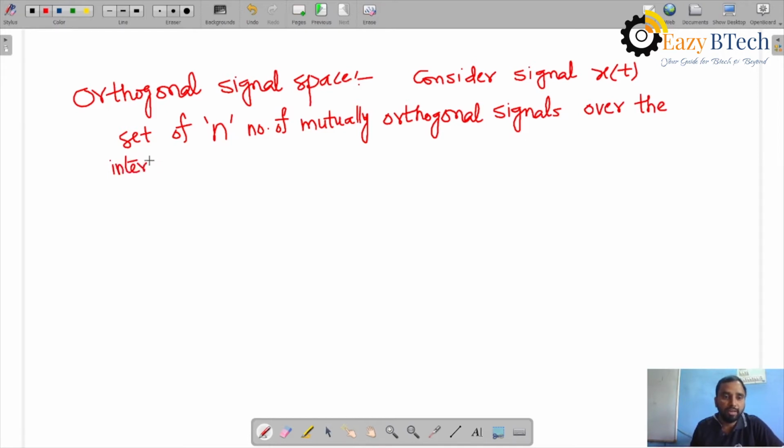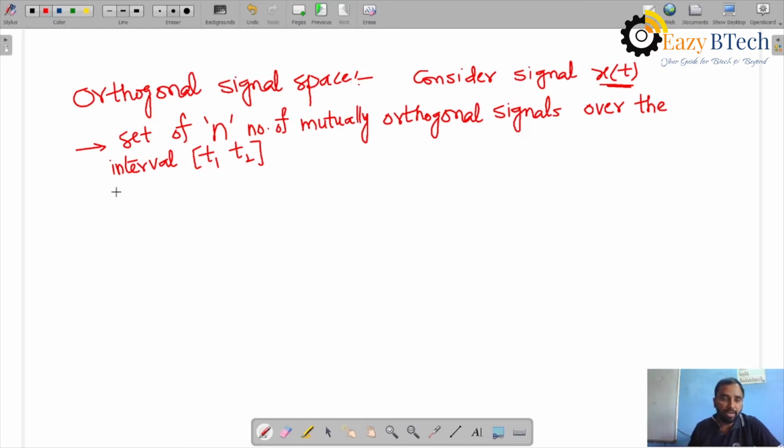First we have taken an arbitrary signal x of t. Now I am taking a set of n mutually orthogonal functions over the interval t1 to t2.